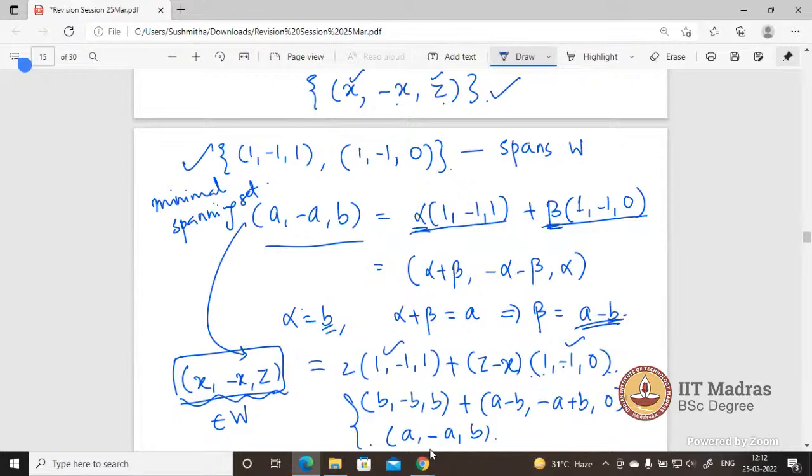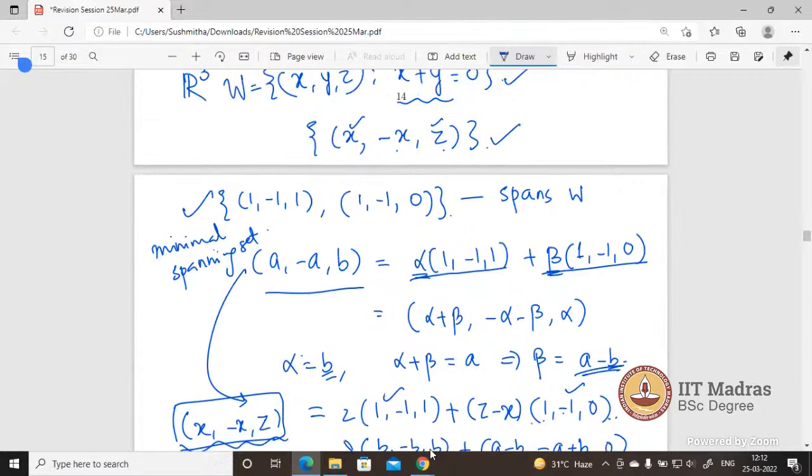Ma'am, in the span of W, can we take 0, 0, 1? Or 0, 0, 0? The zero vector is always there, but it can never be a spanning element. But 0, 0, 1 we can take.